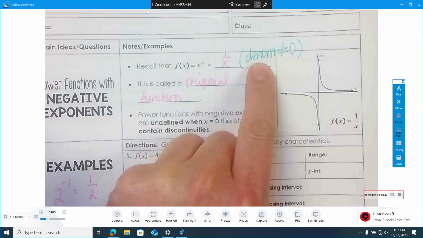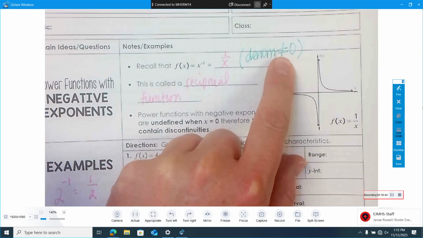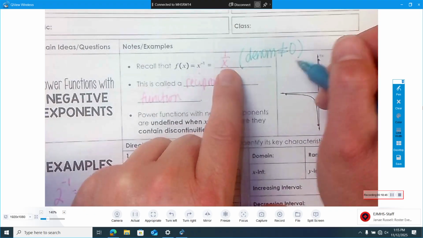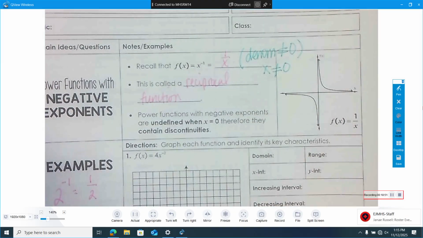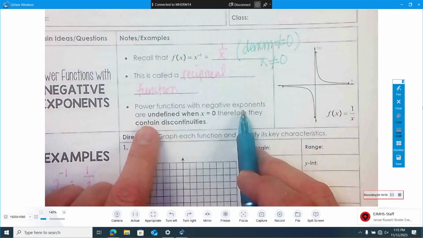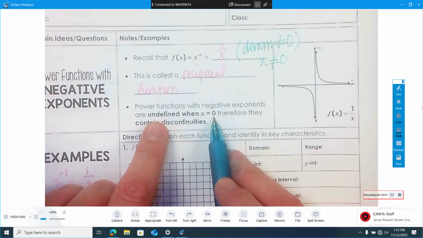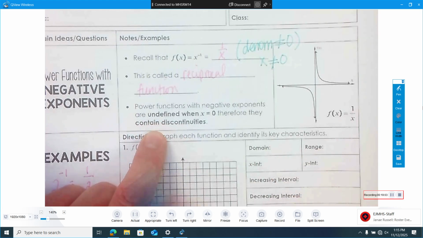The denominator can never equal 0. So that means in this case, x cannot equal 0. Anytime you have a fraction, we create things that are undefined. And so power functions with negative exponents are undefined when x equals 0, and therefore, they will have discontinuities.